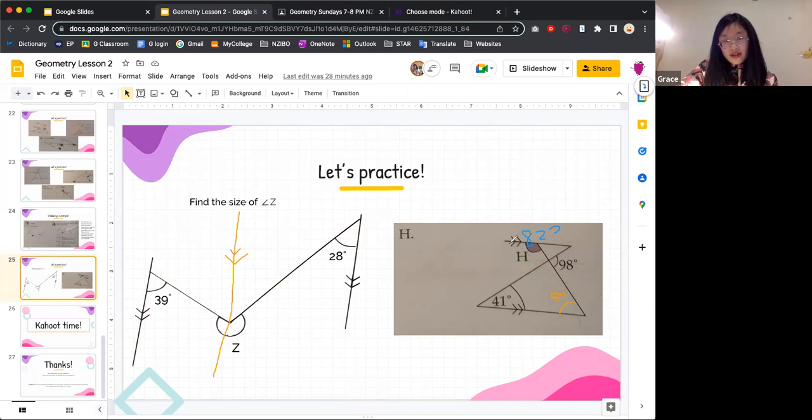So now we can figure out H, because these are cointerior angles between parallel lines, right? We've got these two big lines running and they are parallel to each other. That means these ones do add up to 180 degrees. So angle H would be, what would it be?